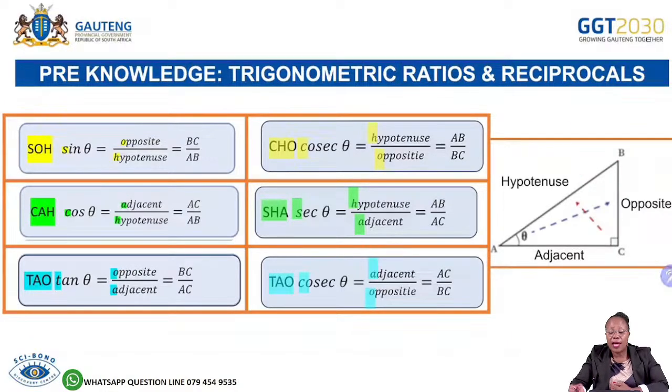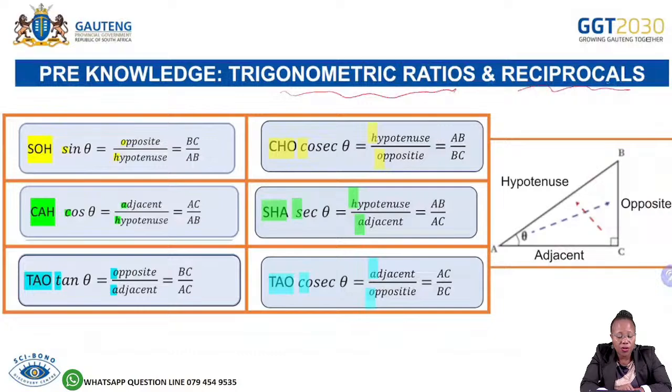Okay, and then another thing that you need, grade 12, is your trig ratios and its reciprocals. Remember, the original trig ratios we have 3, which are sine, cos, and tangent. And then out of this original, we have its reciprocals. Then we'll have 3 of them. So it will be 3 and 3, which gives us all 6 of them. 3 ratios, original, and 3 reciprocals.